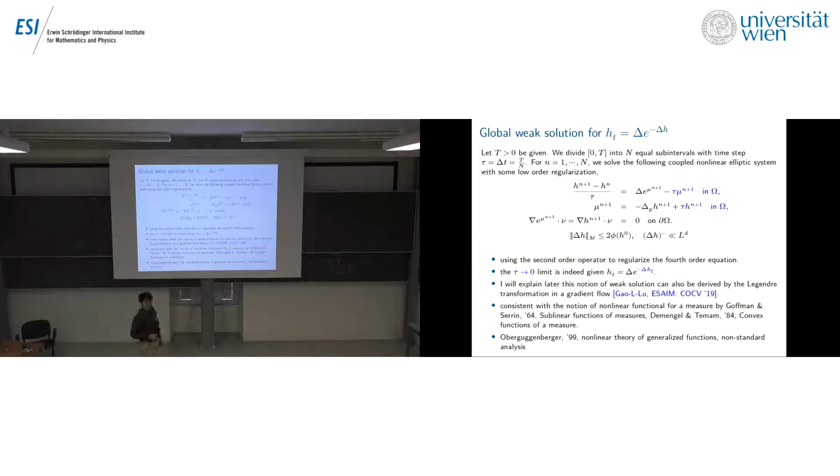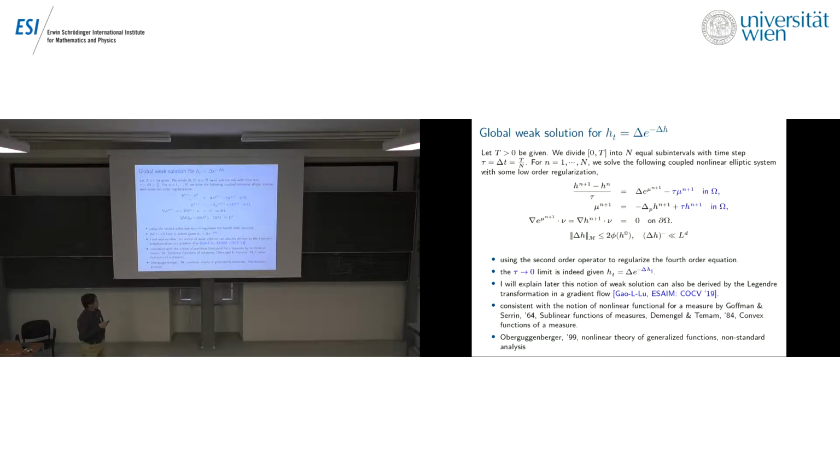First of all, with traditional PDE methods, that means constructing a solution through some regularization. But this regularization we found is quite special. We do time discretization, which is still a nonlinear system, and then add some regularization, where tau is a small parameter going to 0, the time stepping.